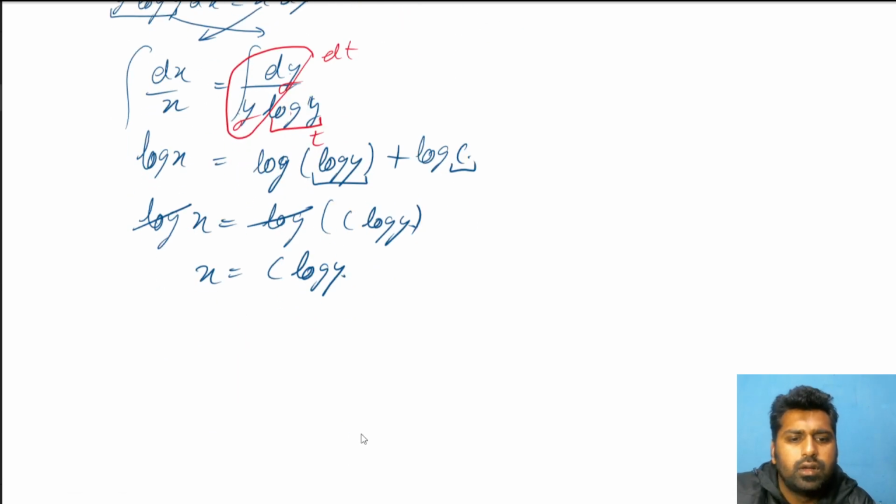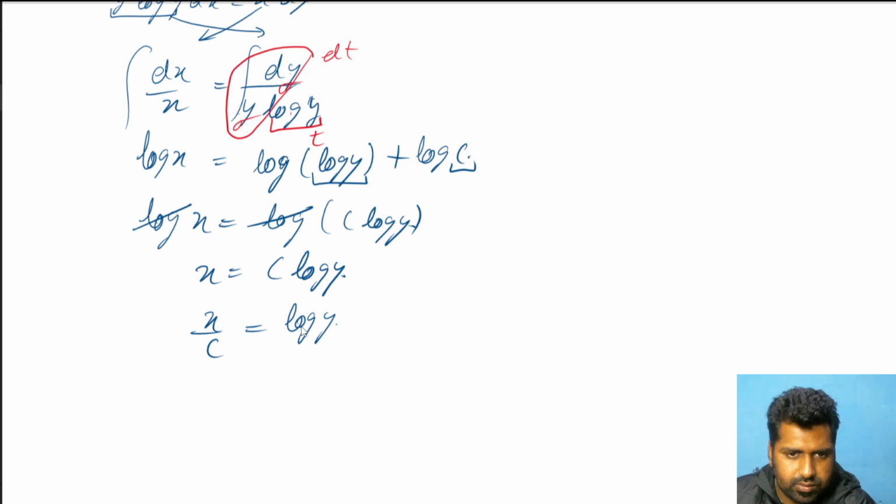I'll teach you how to take log also on the other side if you want. Just c, if we want, we can take it on the other side also. So that is x by c is equal to log y. If we want to take log on the other side, what is the inverse of log? Anti-log, and that's e actually.